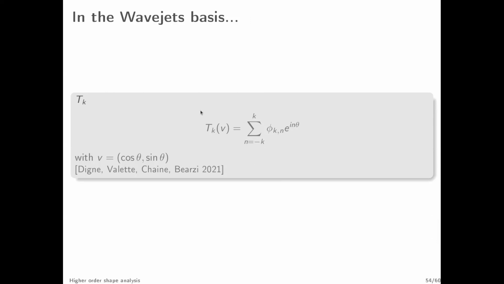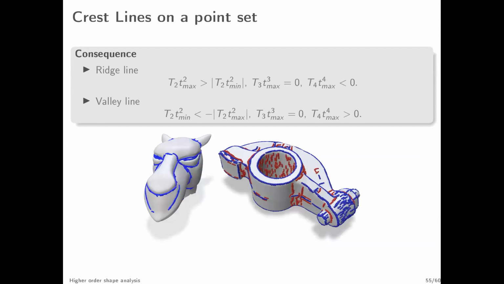So once you have the coefficients, you can compute any differential tensor on the surface. And it means that you're going to be able to analyze the shape better, like extract ridge lines, valley lines, just by looking for certain directions which satisfy some properties.